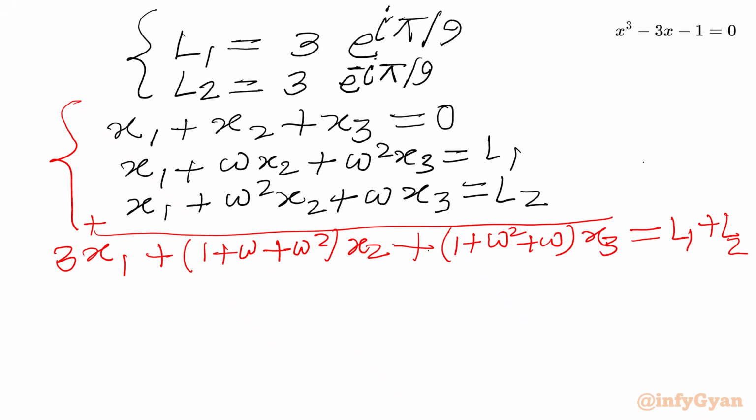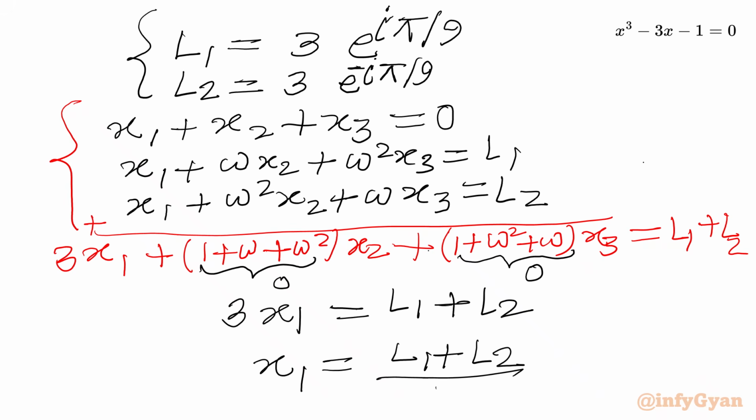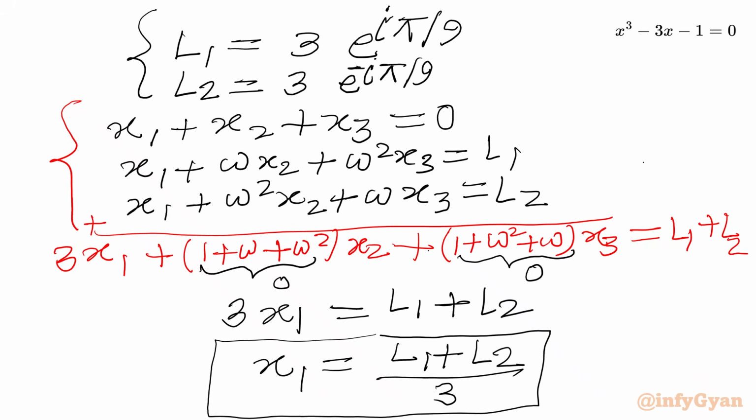Now we know that 1 plus omega plus omega square is equal to 0. This is also equal to 0. So we will write 3x1 equal to L1 plus L2. By dividing by 3 on both sides, we are going to get our first root of the cubic equation, L1 plus L2 over 3. Now we have to find x2.